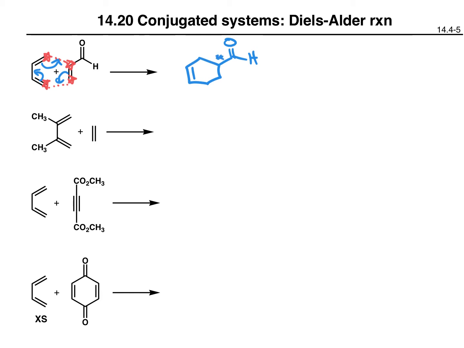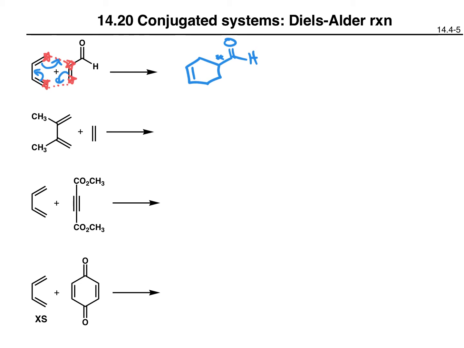This is a chirality center, and we're not going to get into the details, but there is some stereoselectivity so that it's possible to predict which isomer is going to be the major product. So notice this and this, these are the new sigma bonds that are formed.